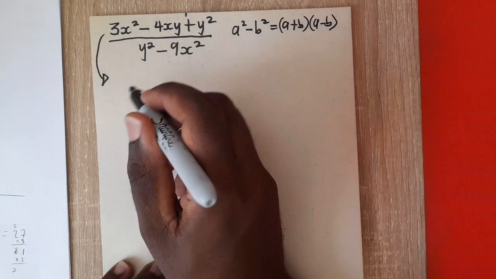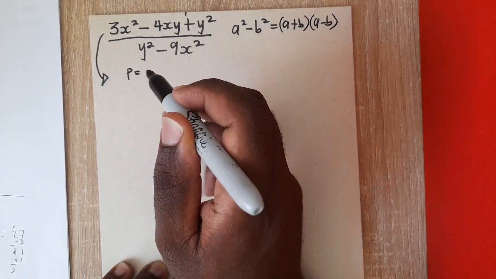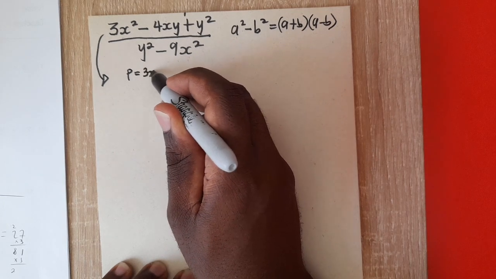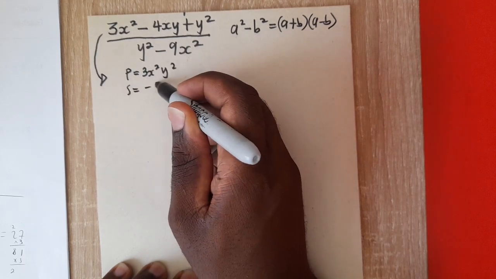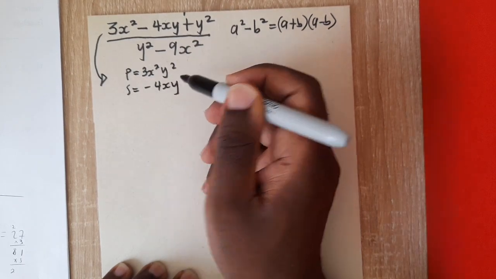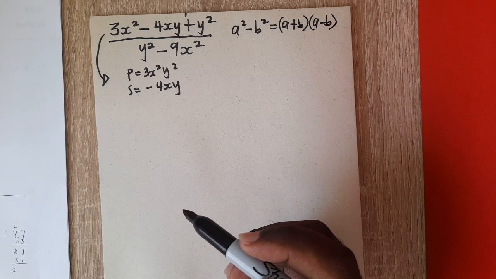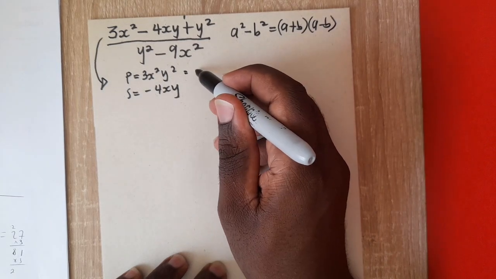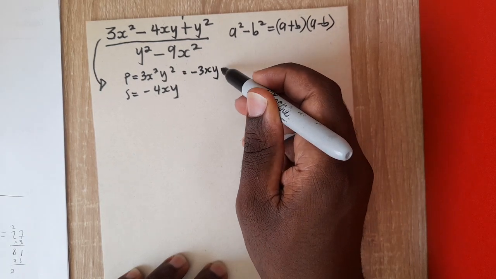The numerator is 3x squared minus 4xy plus y squared. That means that expression in the numerator can be rewritten with 3x squared times y squared as the product, and the sum is the middle coefficient, which is -4xy. So now we need to think of what are two terms that we can multiply to get 3x squared y squared, and two terms that we can add to get -4xy.